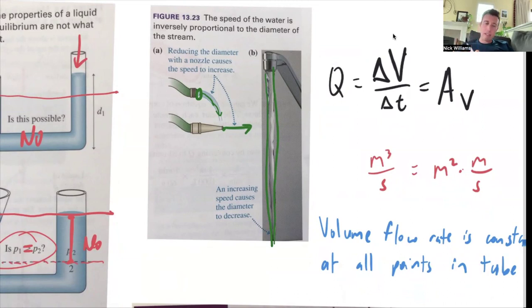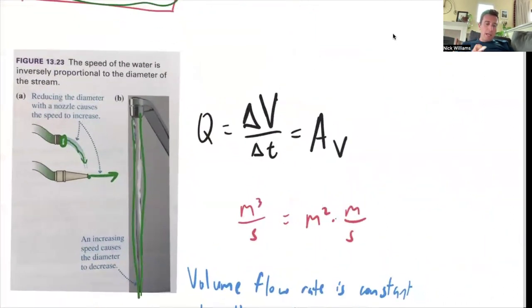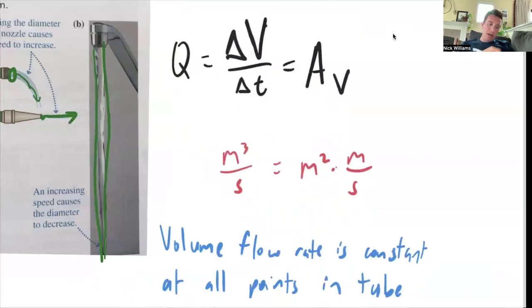Kind of cool. Now, we can note that the change of volume over time, the movement of the water, volume over time, is equal to the area times the velocity. If we double check on units there, volume over time is in meters cubed per second, as opposed to area times velocity, that is area in meters squared times meters per second.